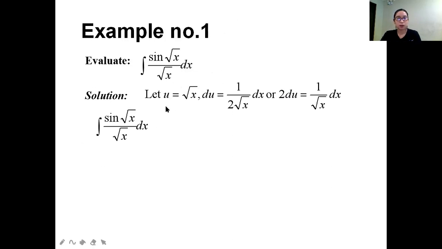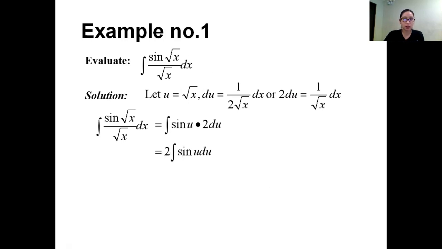So, going back, the integral of sine square root of x over square root of x dx is now equal to the integral of sine u times 2 du. Okay? So we simplify it to 2 times the integral of sine u du. Then we can easily perform the trigonometric function process for integration.